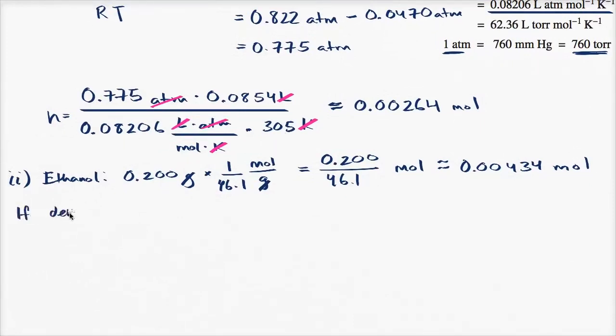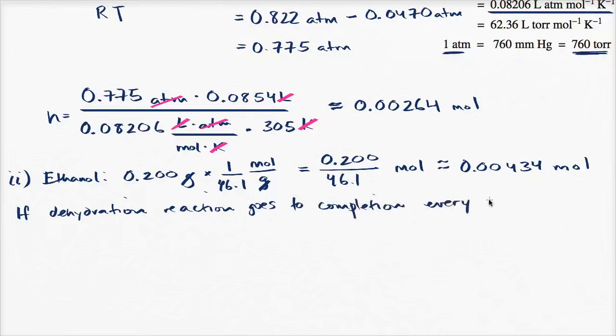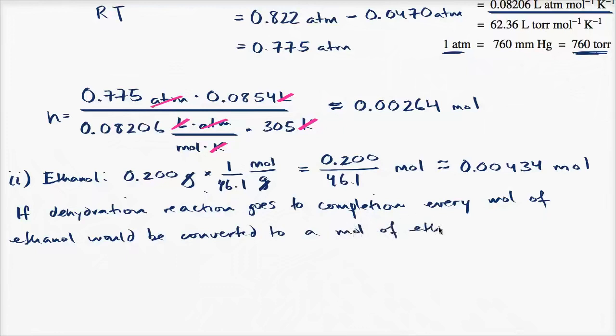If the dehydration reaction goes to completion, every mole of ethanol would be converted to a mole of ethene and a mole of water.